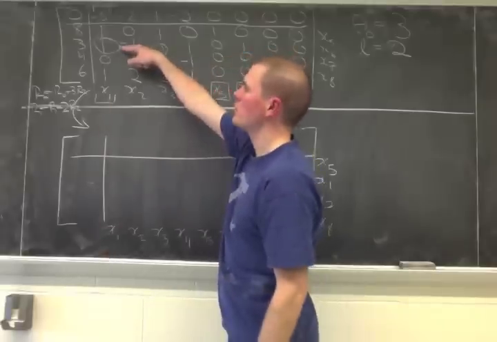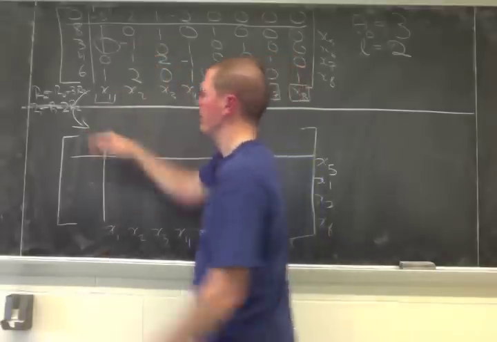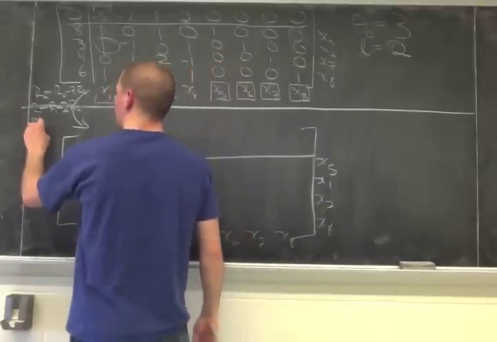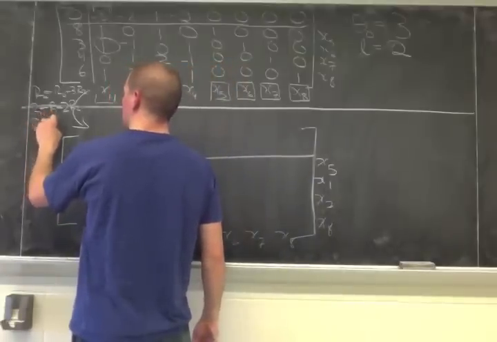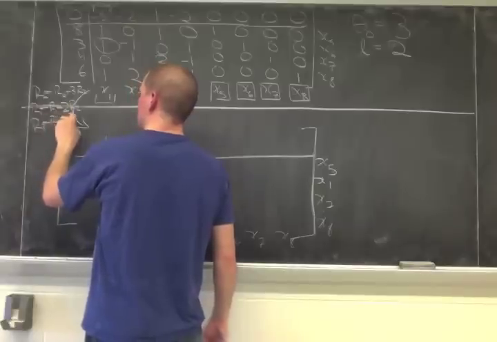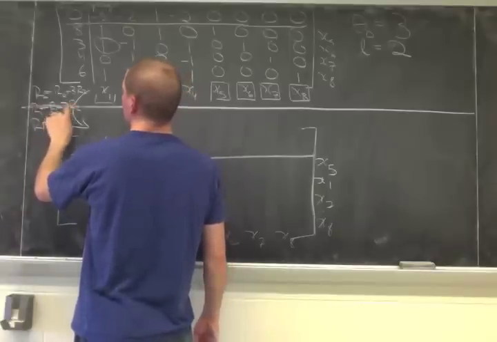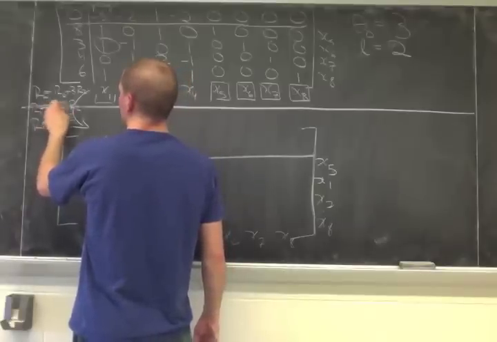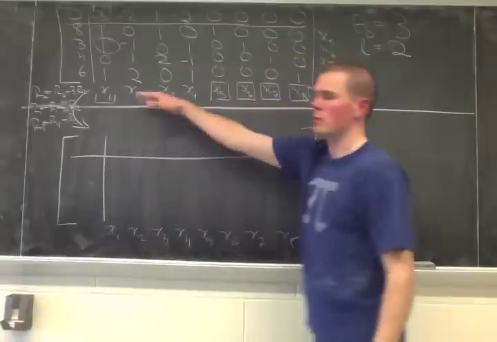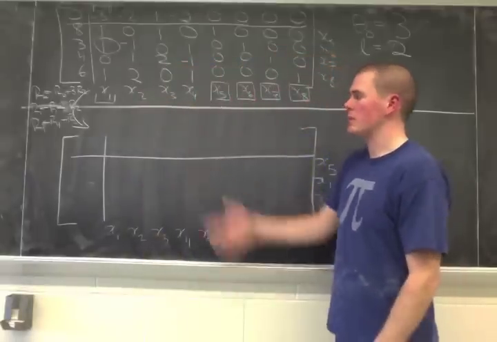And finally, subtract row 2 from row 4. So these are the row operations we need to do, so let's fill them out.